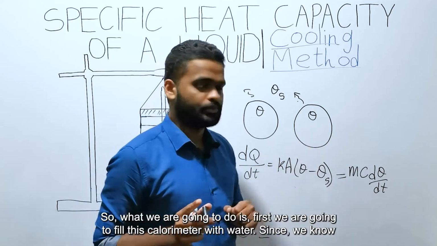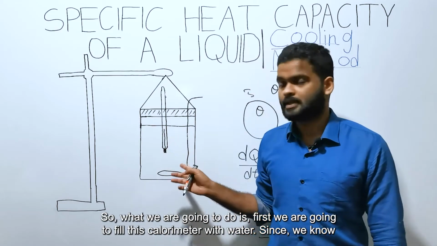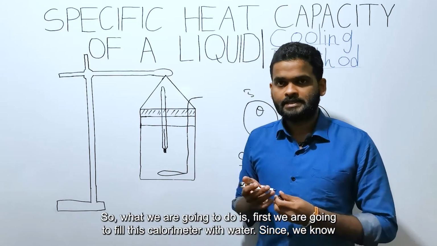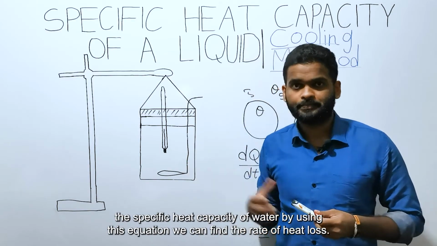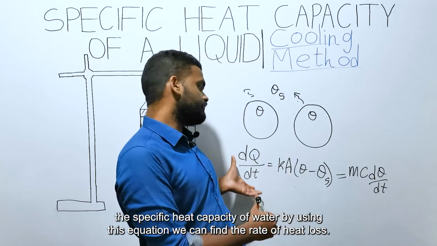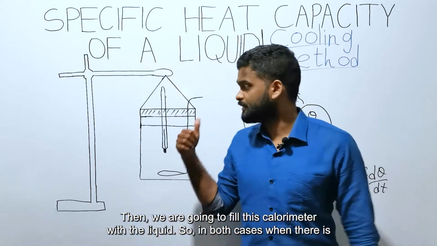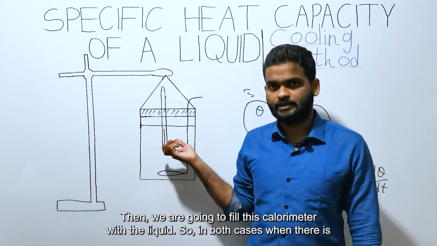So what we are going to do is, first we are going to fill this calorimeter with water. Since we know the specific heat capacity of water, by using this equation, we can find the rate of heat loss. Then we are going to fill this calorimeter with the liquid.